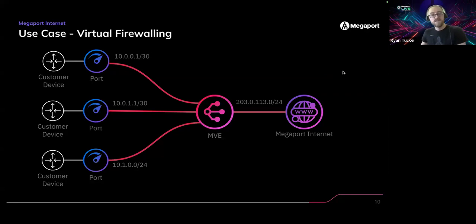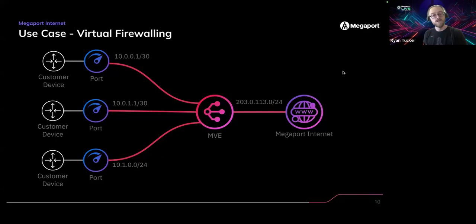Another design that we've seen is customers using MVE as a border router, as an edge firewall to terminate the internet connection. Sometimes they have their own IP space they want to advertise. Sometimes they buy blocks of IP addresses from Megaport. Either way, you can have the MVE running as a virtual firewall. This has been pretty popular with Palo Alto and Fortinet firewalls.